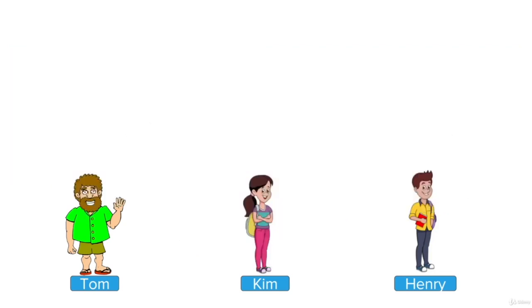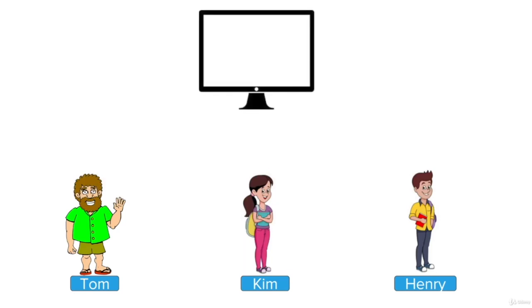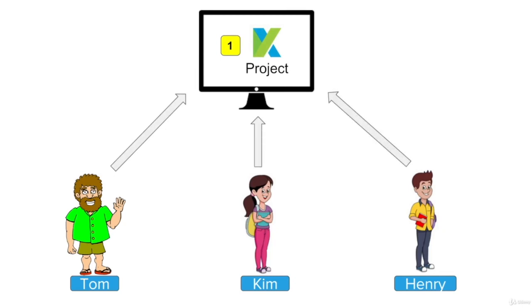There is another solution. They can use a common machine. So, they will put a single copy of their project on a common machine. It can be a remote machine or on-premises machine, and then every one of the team members will log into this machine to work on the project. Now, this approach has some other sets of challenges.